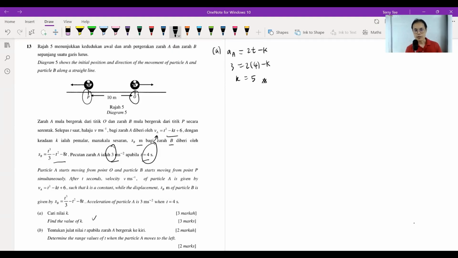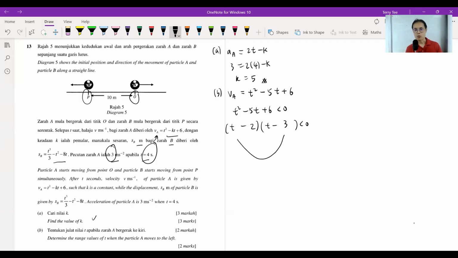Now, then they say cari julat nilai t when zarah A bergerak ke kiri. Okay, so first of all, what's your velocity or halaju zarah A now? We know that our k is 5. When it bergerak ke kiri, the velocity or your halaju must be less than 0. Remember, more than 0 bergerak ke kanan, less than 0 bergerak ke kiri. We can double bracket factorize this. Your factor should be 3 and 2, minus and minus.